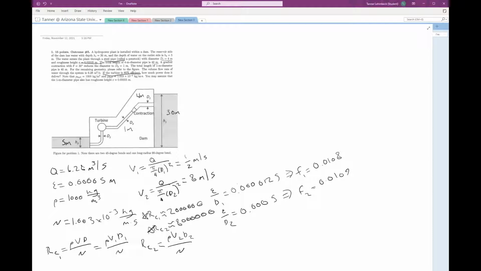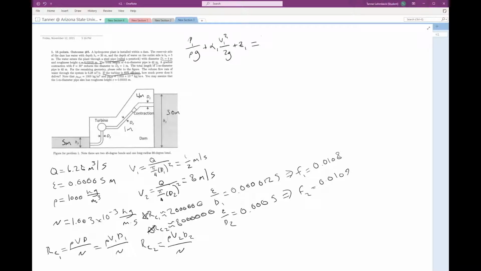What I'm going to do now is jump to my modified Bernoulli equation. So let's do that. I'll write the whole thing out here. Alpha 1, and I'm just writing out all these terms.